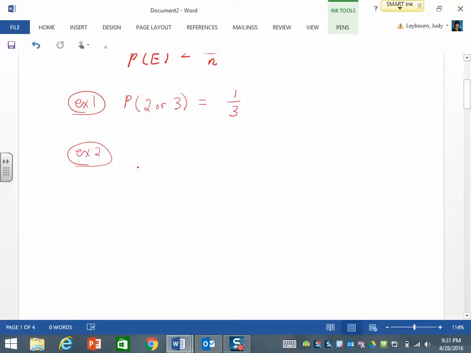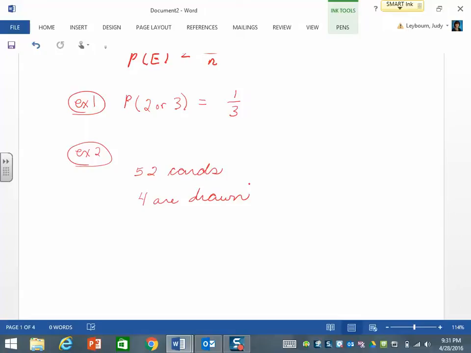Let's suppose that we have, in my second example here, a deck of cards, and it's a standard deck, so there's 52 cards, and we're going to select 4, or draw 4. So 4 are drawn. And the deck is well shuffled, and we want to know what's the probability that they will all be red.